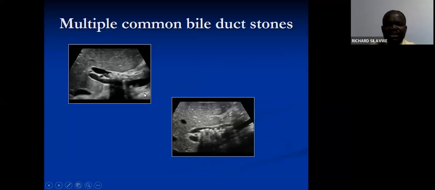These are just images that I'm showing you. You can see multiple stones in the common bile duct here, and the acoustic shadowing, the black thing that is going down there. You can see also here, there are multiple stones. They are also casting the dark shadow posterior to the stones.